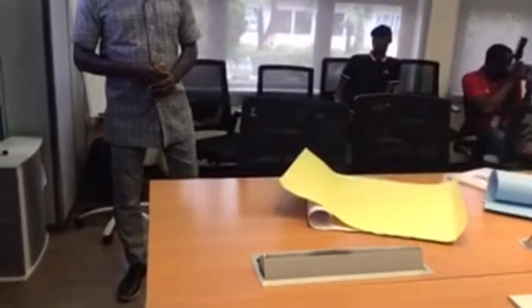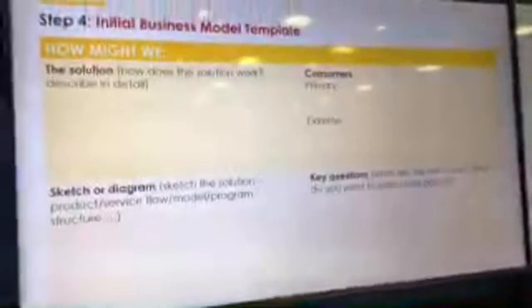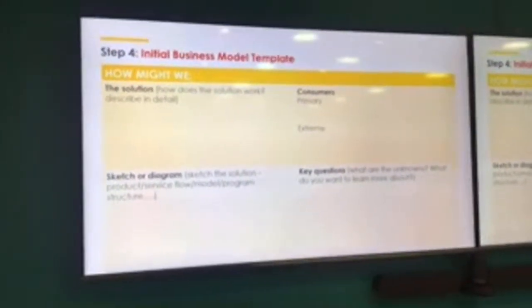Okay, let's move. So your initial business model should look like this. Since you have played around with your problem statement, we reviewed it on Monday.